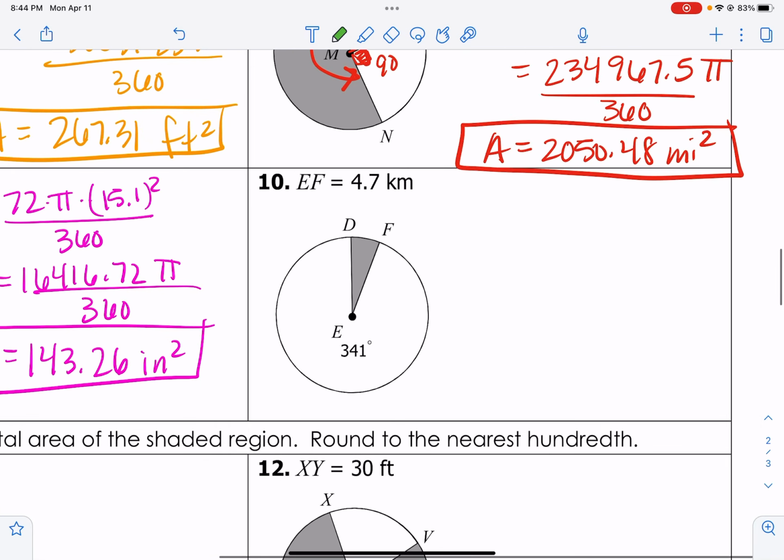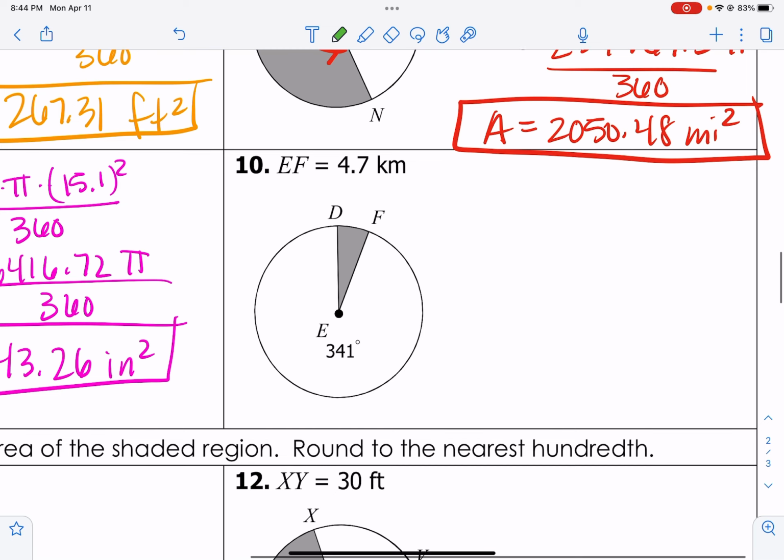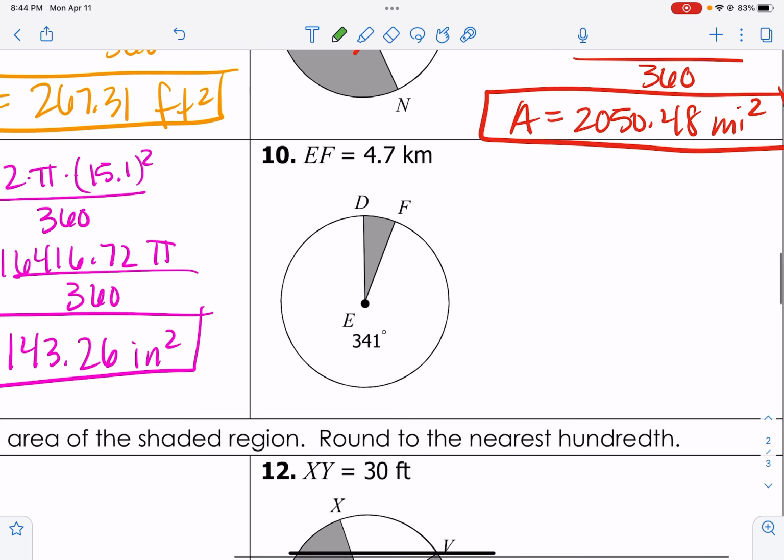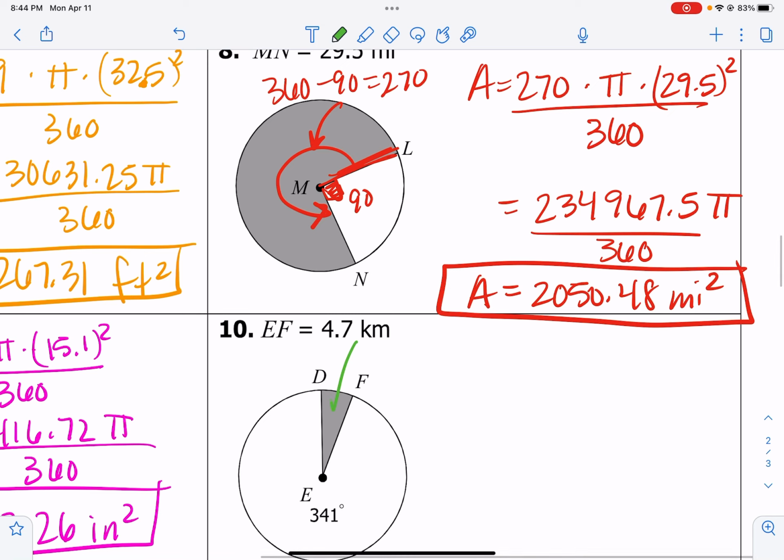Number 10. So I'm given the angle that I don't need. The big reflex angle in this case is 341 degrees. I don't need that one. I need the other one. So this piece right here is 360 minus 341, which is 19 degrees.